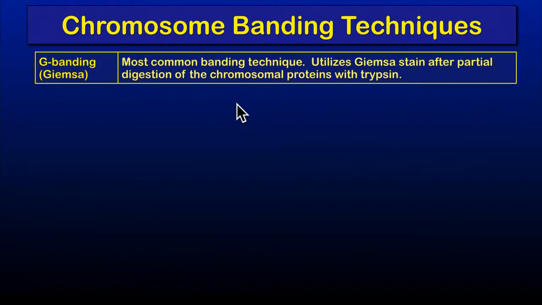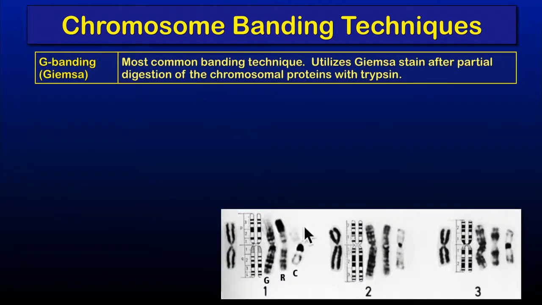Trypsin will differentially loosen up different regions of the chromosome. If it loosens up the region, it takes up the stain, whereas if the region stays tight, it doesn't take up the stain nearly as well. And so with G banding, what we see is alternating light and dark bands on the chromosomes. When you see the light bands and the dark bands, that is due to G banding.